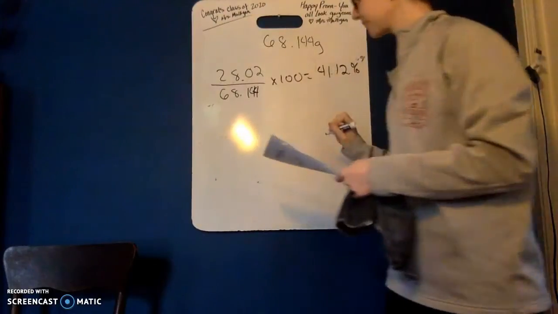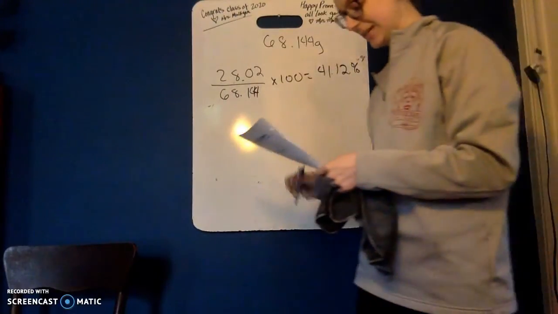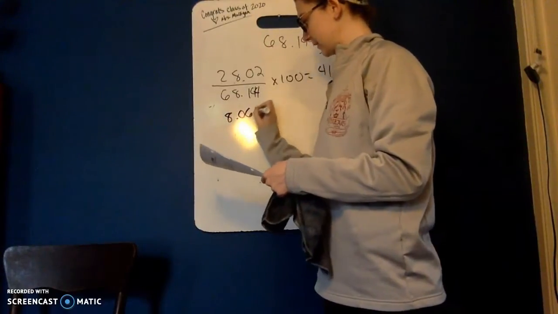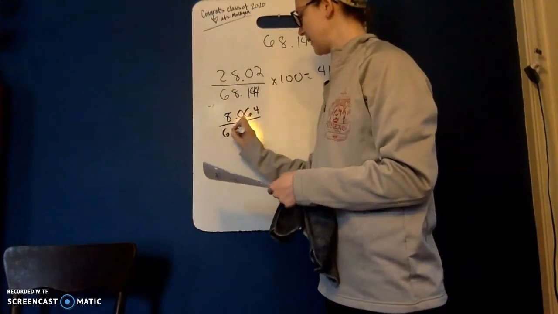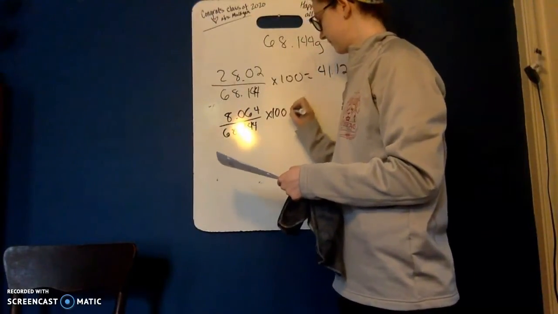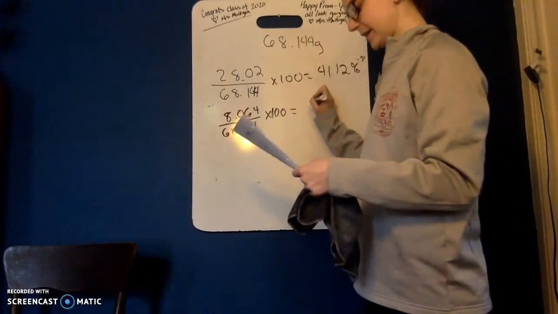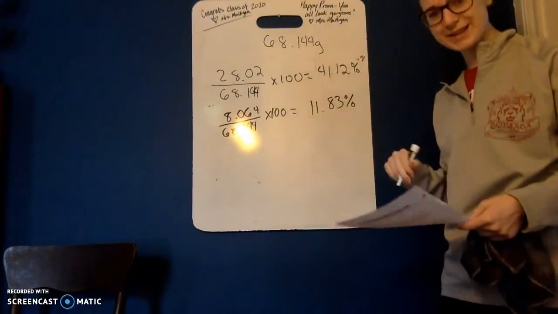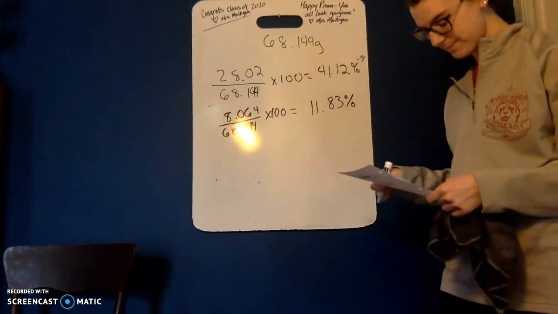41.12%. For hydrogen, I'm taking 8 times the molar mass of hydrogen, so I get 8.064 divided by 68.144, multiply by 100, and I get, sorry, not molar mass, percent of 11.83%.